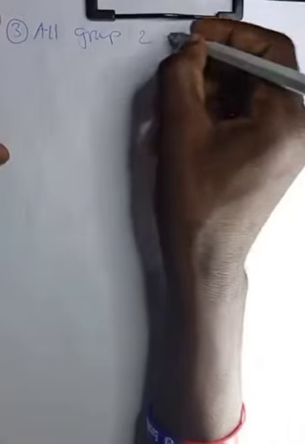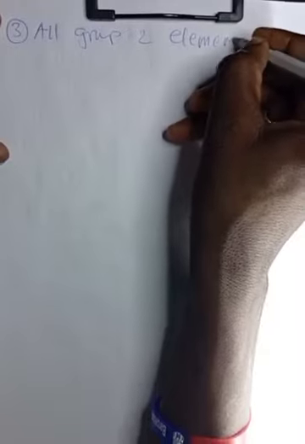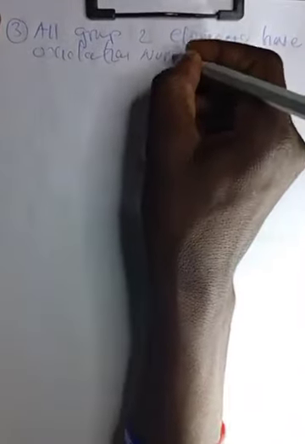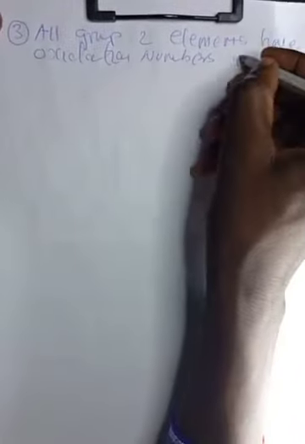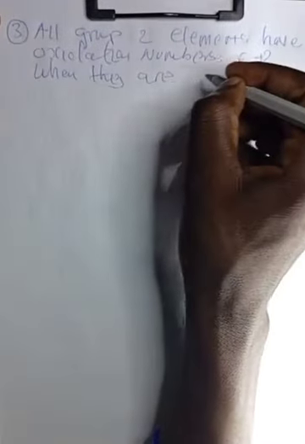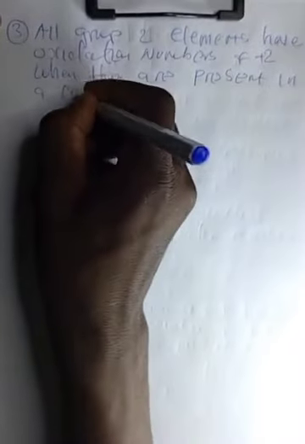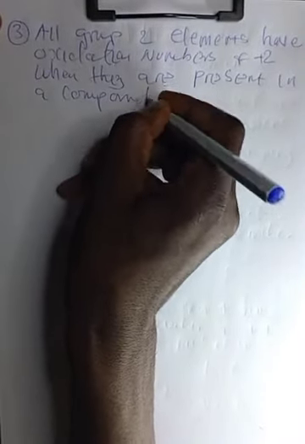Rule number 3 is that again all group 2 elements have oxidation numbers of positive 2 also when they are present in a compound or molecule.